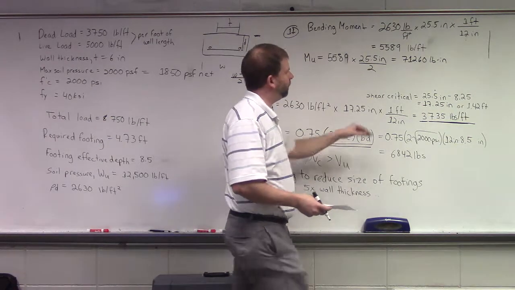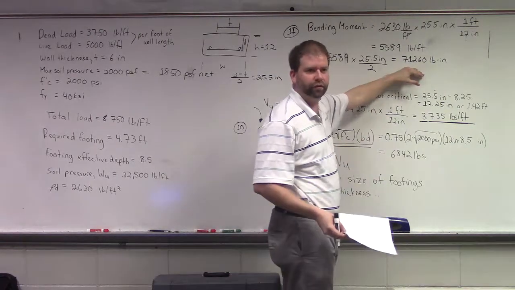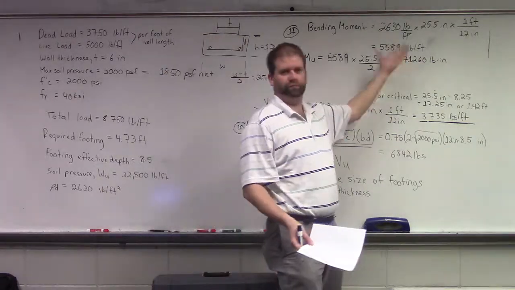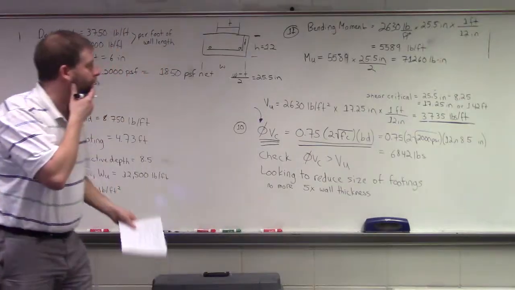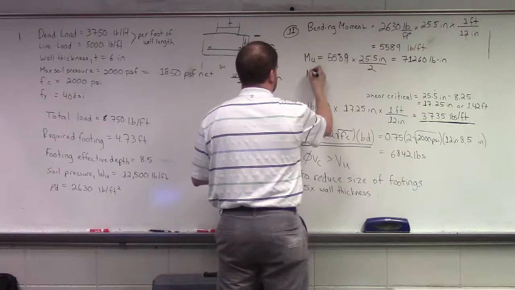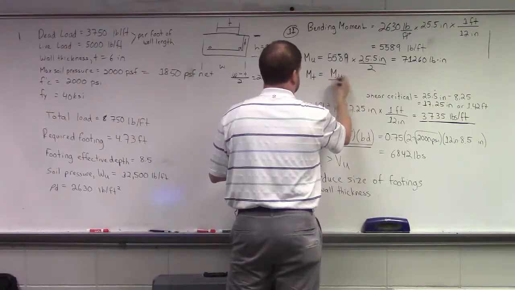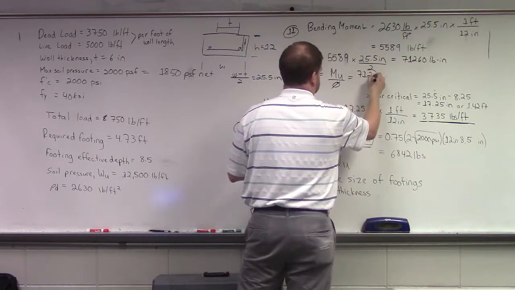So if you take this number and multiply what you have by 12, you get 71,259 pound inches. So we took the moment, 5,938.